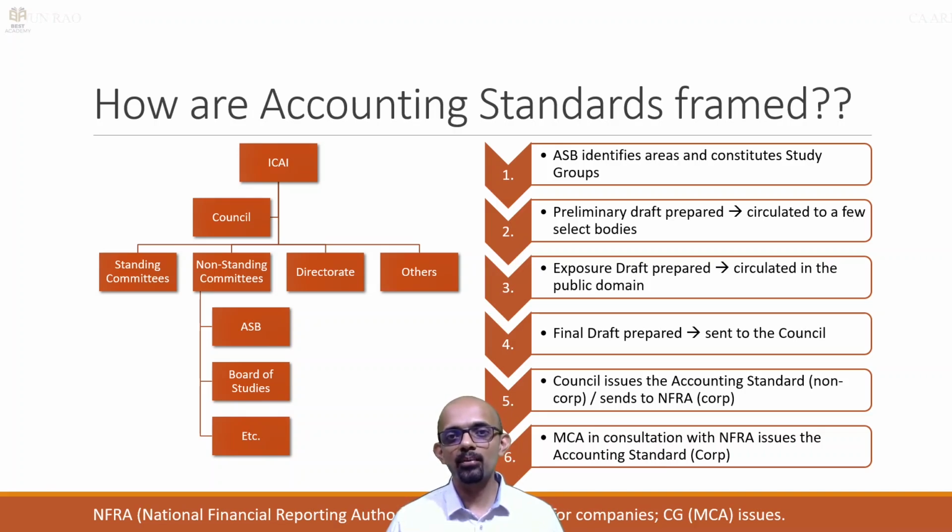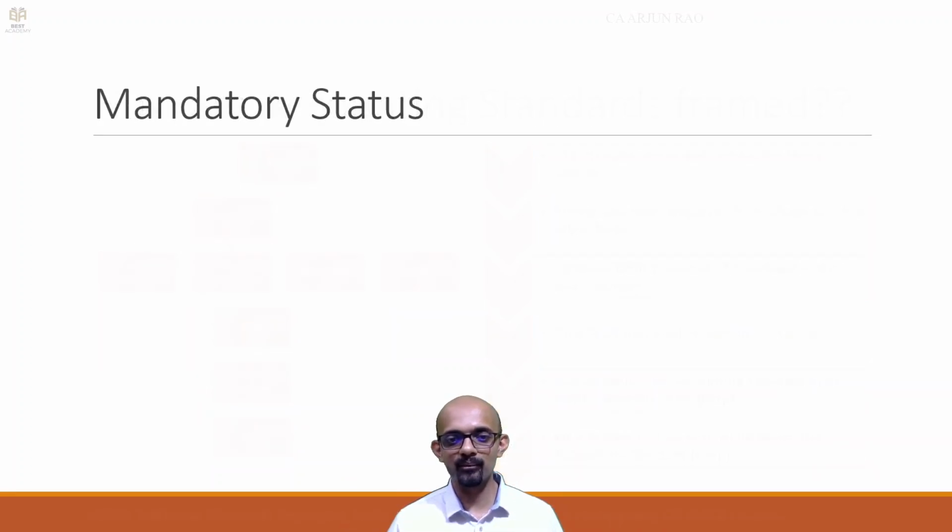It initiates the process, it prepares drafts which are circulated to few select bodies first, their comments are received, then exposure draft, public comments, and then the accounting standard is released, or it is sent to NFRA, which advises the central government, and the central government issues the standard through MCA. So, this is basically how accounting standards are framed.